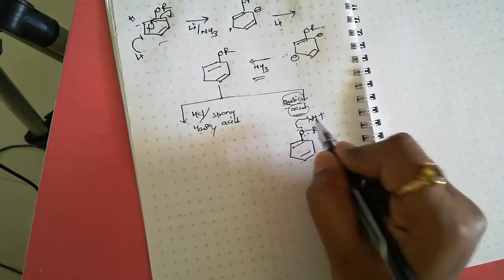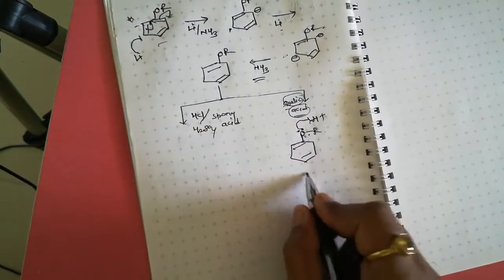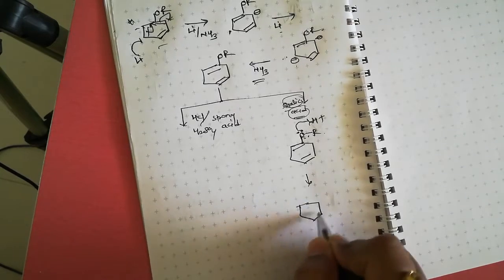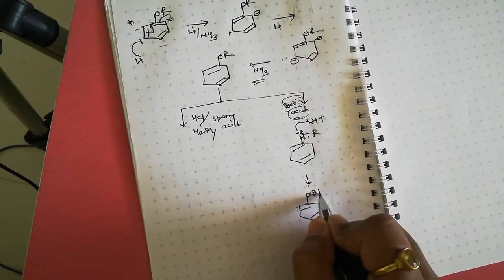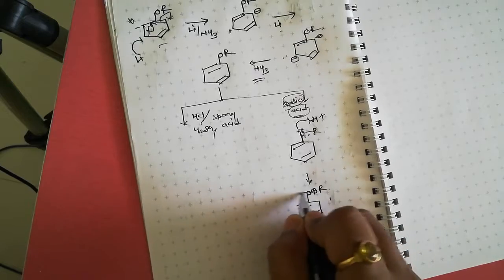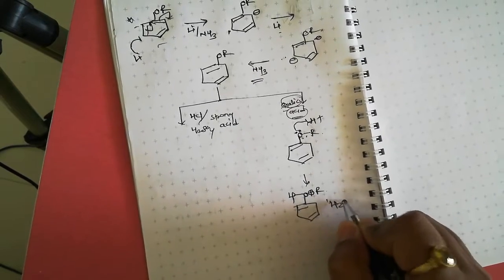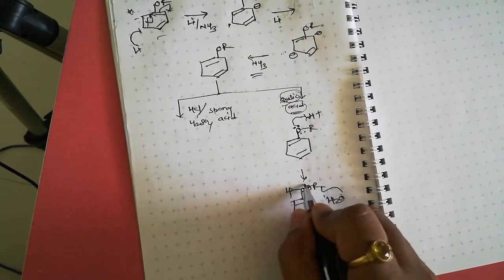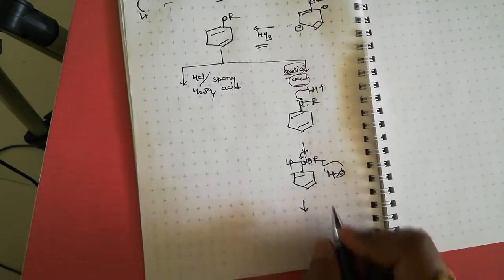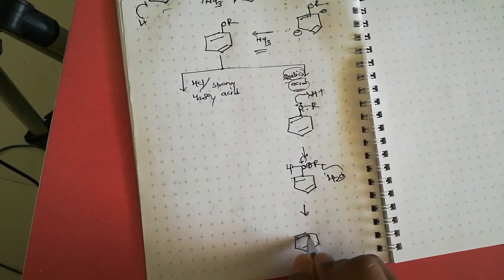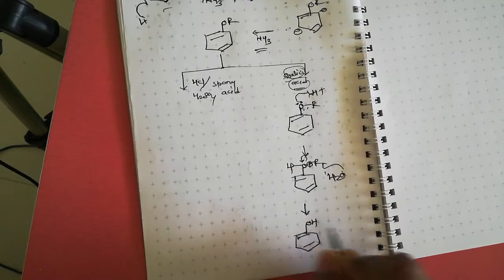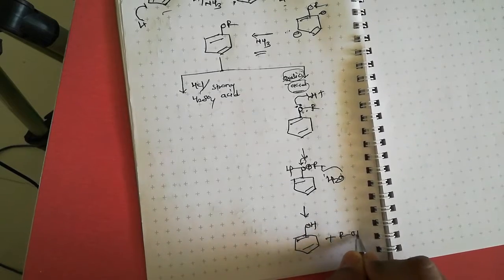This negative charge, this lone pair takes this proton and we get here O plus R, then here H. Then water from the acid attacks this alkyl group, then the charge on oxygen is neutralized and we get here OH plus ROH.